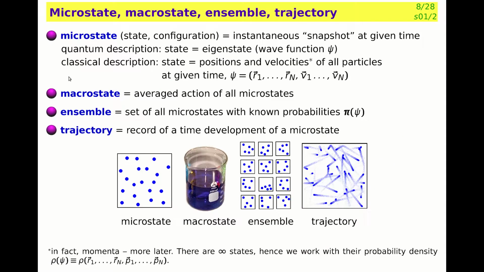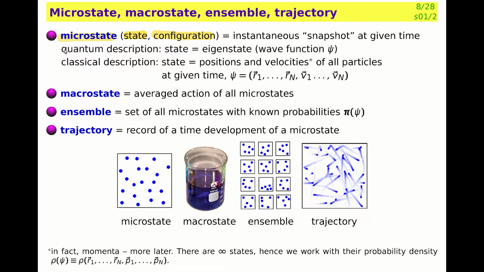Every branch of science has its terminology, and it's the same with statistical thermodynamics. So we must know what a microstate is. A microstate, sometimes called a configuration or just a state, is an instantaneous snapshot at a given time of our system that develops in time. We can describe it at two levels.